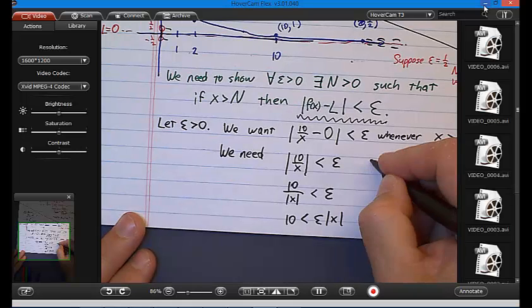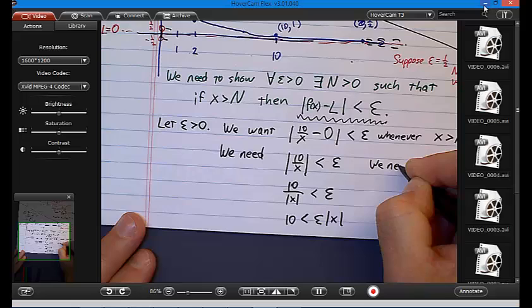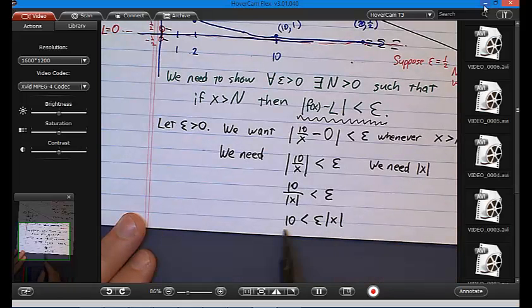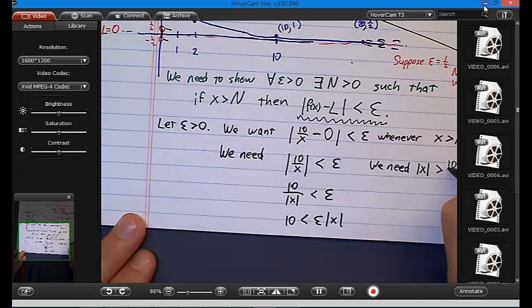So what is it we need? We need absolute value of x. Let's see if you follow this. I'm trying to get it by itself, guys. So what am I going to do to both sides of this inequality? Divide by, not 3, by epsilon, yeah. And so I'll get absolute value of x has to be bigger than, because it's on the bigger side, bigger than what? 10 over epsilon, right?